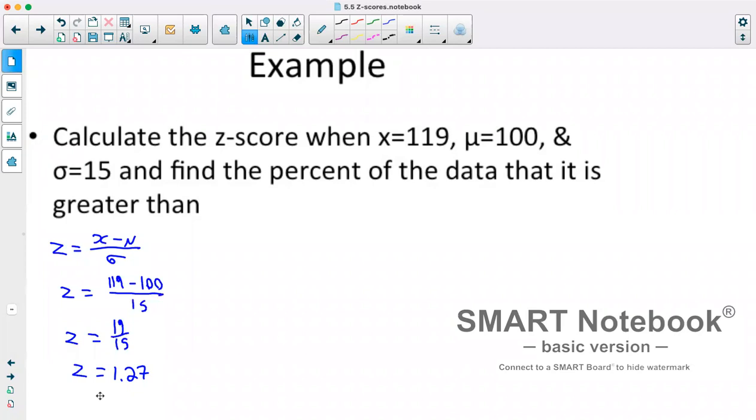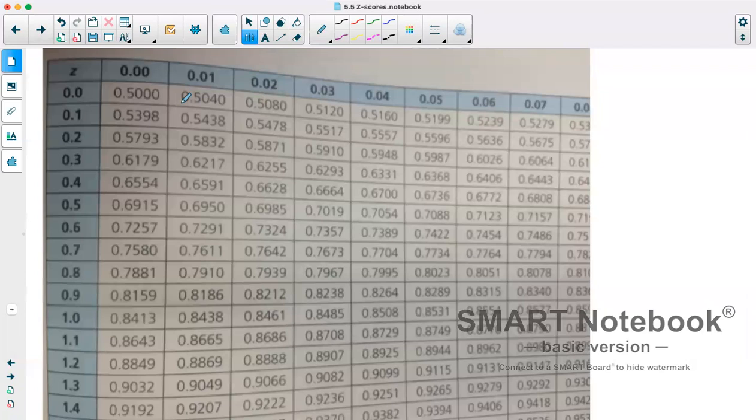Now, I have scanned in the one that is on the pages mentioned on the previous slide, and we'll look up 1.27. If we look at this table, we have our first 2 digits here, our ones column and our tenths, and then over here we have our hundredths column.